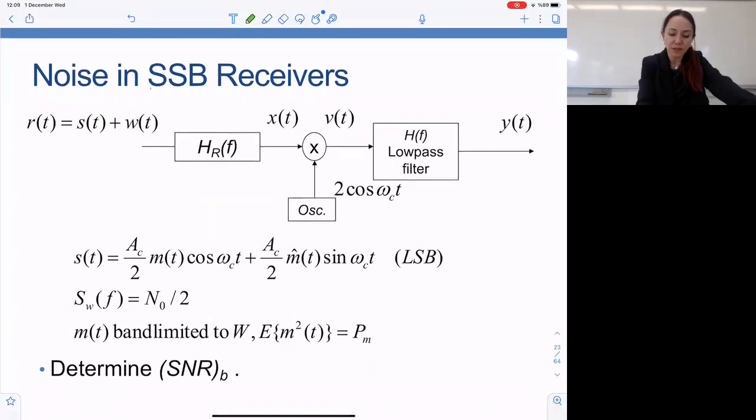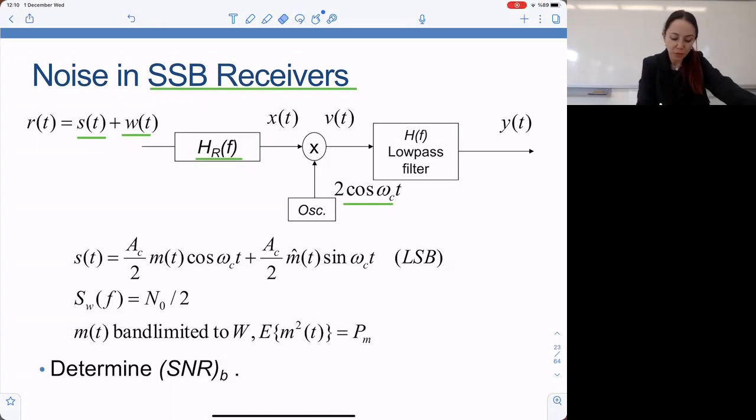Let's consider SSB first. The difference of SSB is that, as you know very well, it uses half the bandwidth. So again, we're thinking about a real valued message waveform, and it's SSB modulated. Again, at the receiver front end, noise is added, and noise and signal both get filtered together. And the demodulator consists of, again, a mixer.